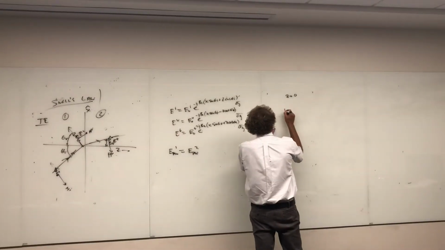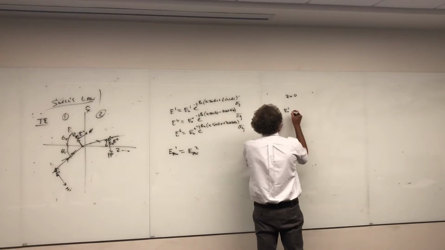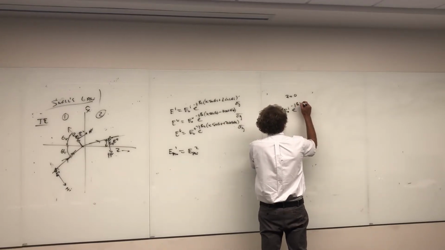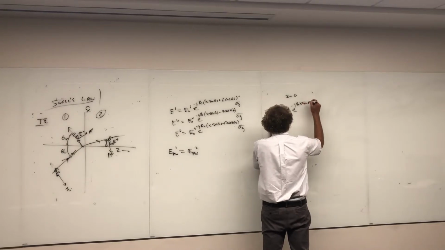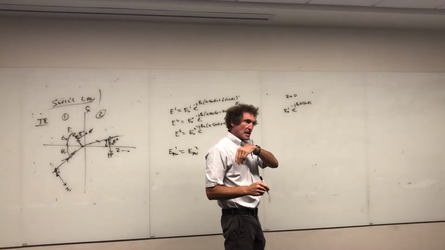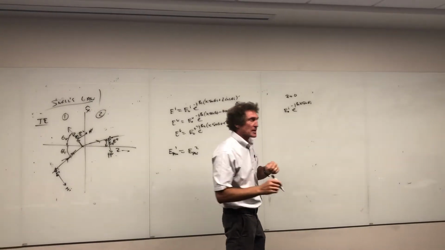When z equals 0, I got E naught incident right here times e to the minus j beta 1 x sine theta incident. Remember, z goes to 0, so it drops out. Got me? It is in the a_y direction. I won't put that down.